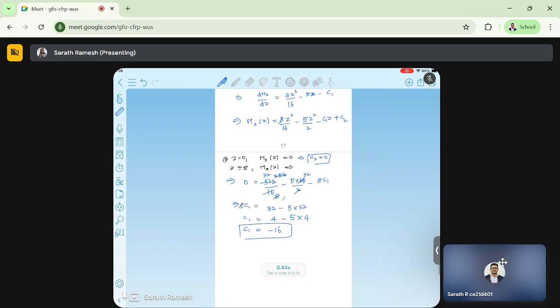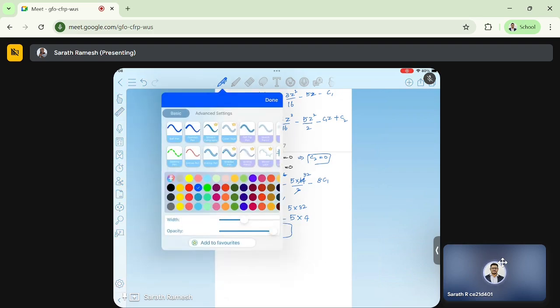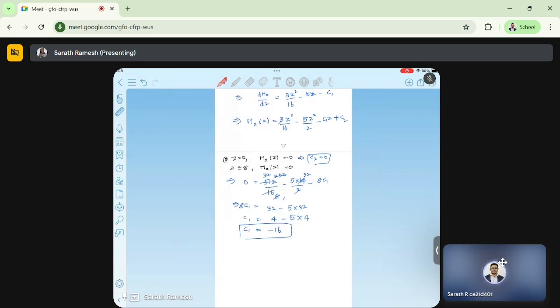Now my bending moment expression, the updated equation, will become Mx of z equal to z cubed by 16 minus 5z squared by 2 minus of minus 16, that is plus 16z, plus 0. Okay, so this is my bending moment expression.